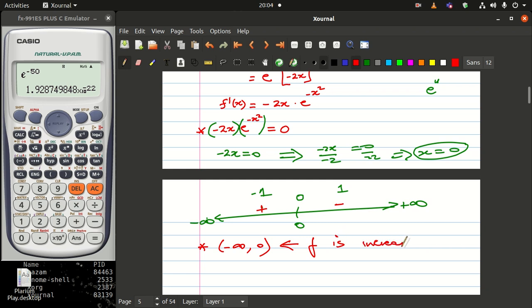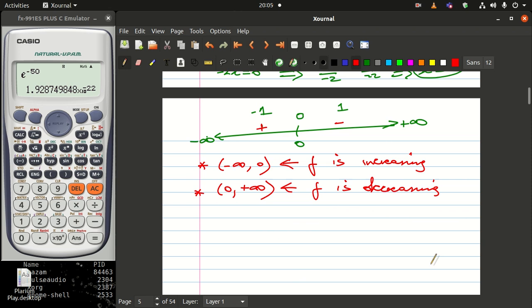So we have an increasing function. And then from 0 up to positive infinity, we can say that f is decreasing because we have a negative there. f is decreasing.